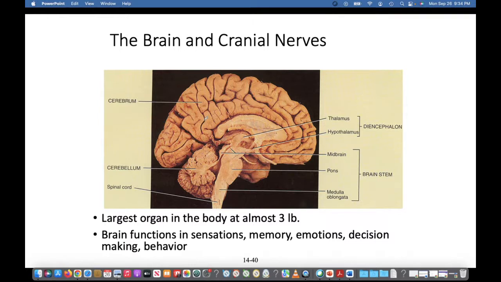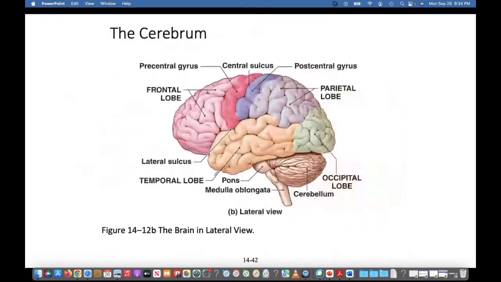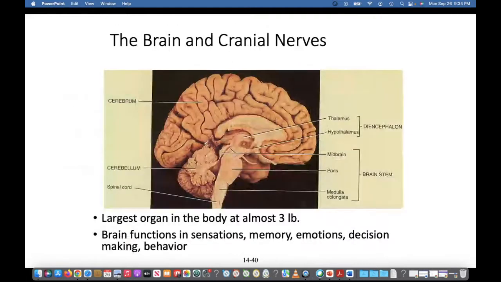So from a sagittal view, when we look at a cross section of the brain, cutting it in half, so we're looking at half of a hemisphere, it's a pretty large organ. It weighs about 3 pounds, and it has many functions.